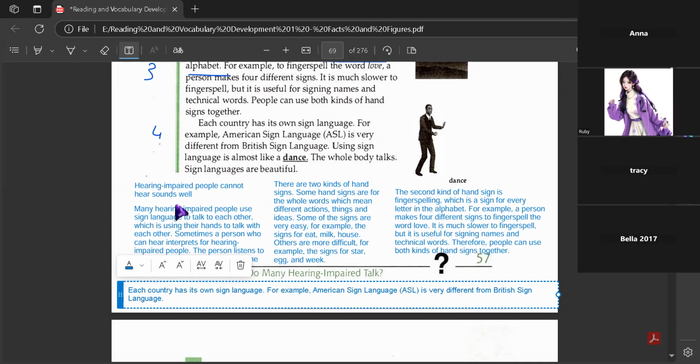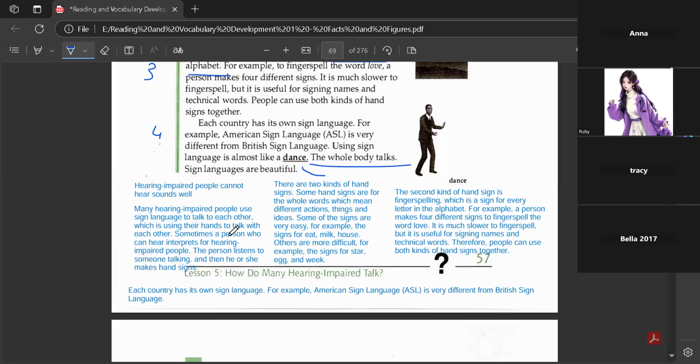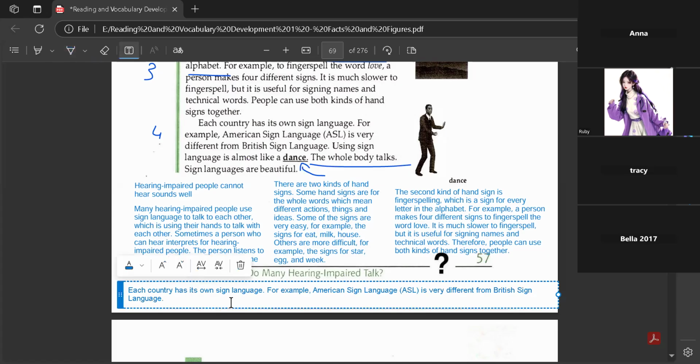We can compare these two sentences. Using sign language is almost like a dance. The whole body talks. The whole body talking gives more information for the dance one, so we can combine them with a linking verb. We can add the beautiful one.